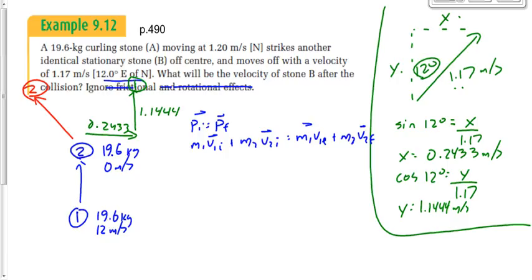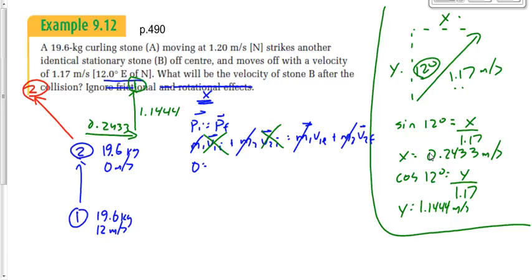The masses are all the same. Usually masses don't cancel, but this time they do. V1I is 0 because we're dealing with the x component here. V2I is 0 too because it's at rest. So the total initial momentum on the x-axis is 0.